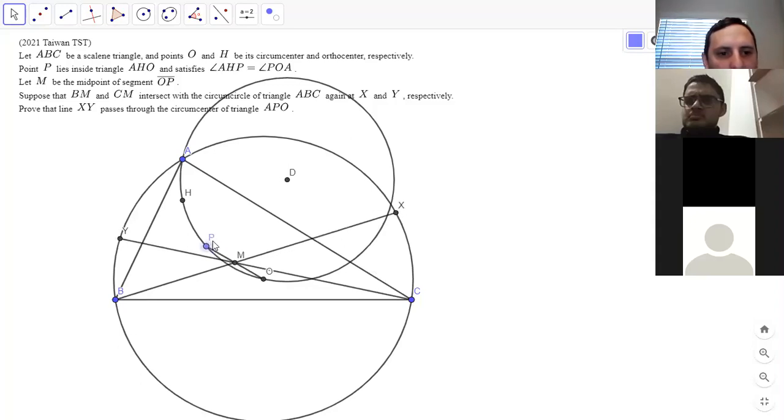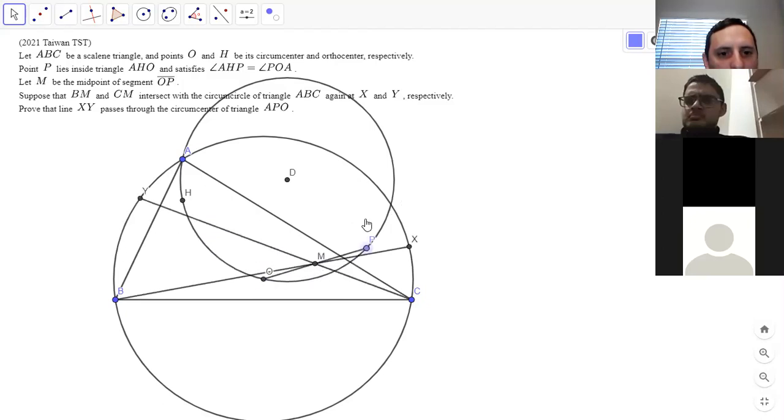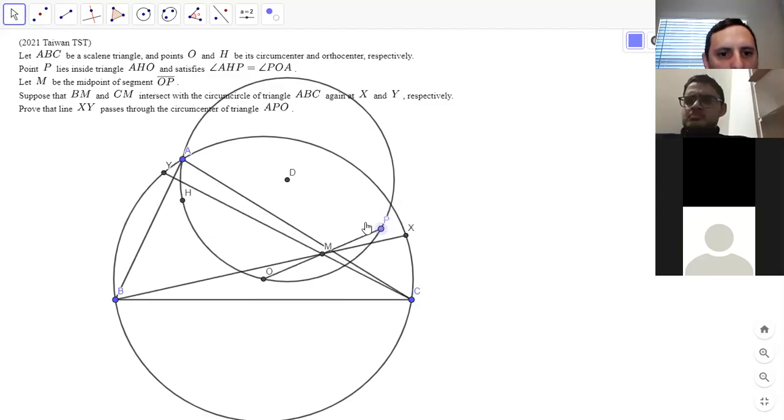How do we do that if P lies inside triangle AHO? Actually, I was wrong. It doesn't lie on this circle. It doesn't mean that it is on the circle. Oh. So AHP equals POA.